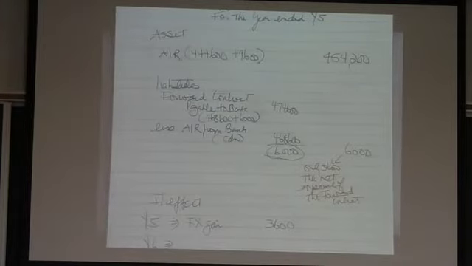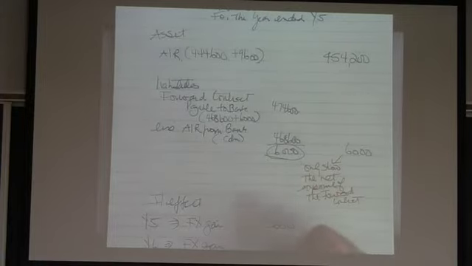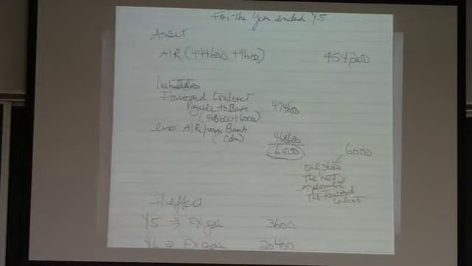We have a net FX gain of the difference between the two, isn't it? 27,000 less 6,600 gives you 20,400. So the total is an overall gain of 24,000.